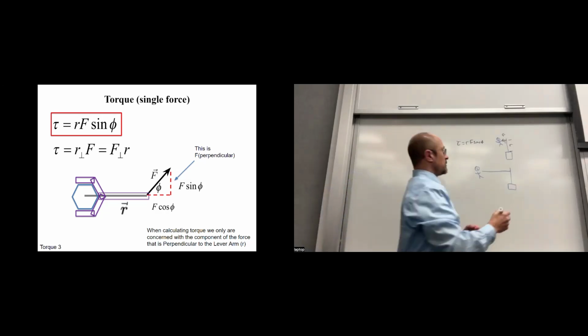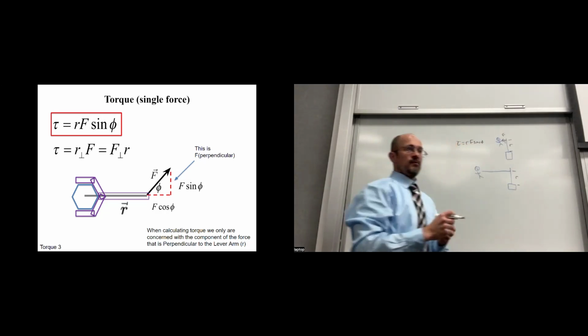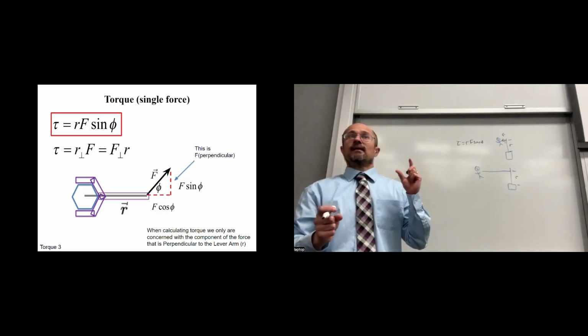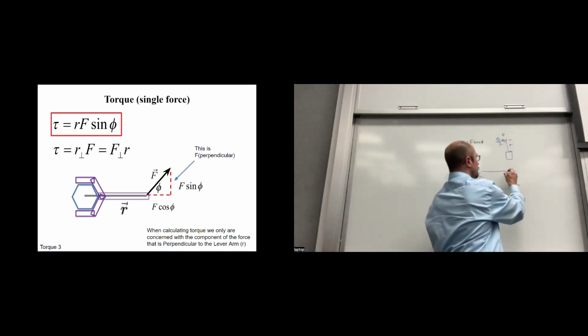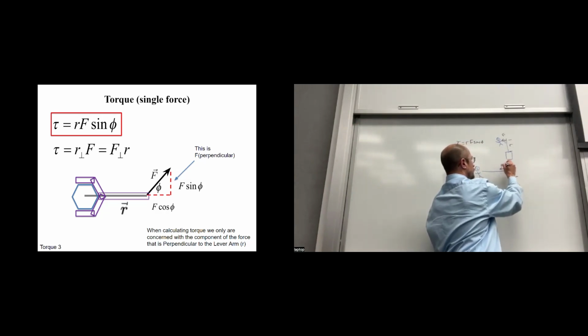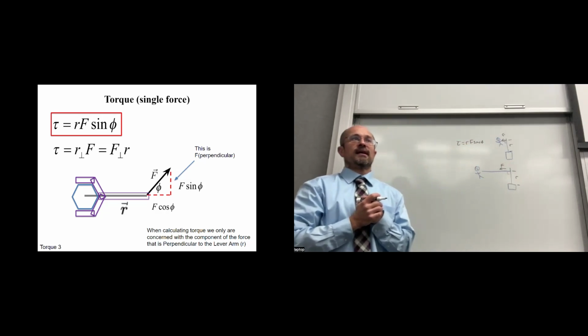Now in the second picture, the r didn't change, did it? r was the same in the second picture, right? The angle is still a right angle, and the force, they said, was the same force. So did the torque change on the second picture?